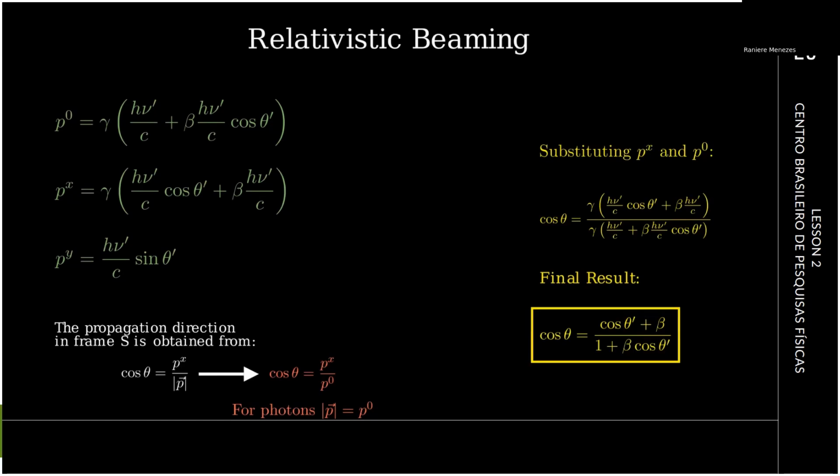E squared equals p squared c squared plus m squared c to the power 4. What's the formula for the total energy of a particle in special relativity?